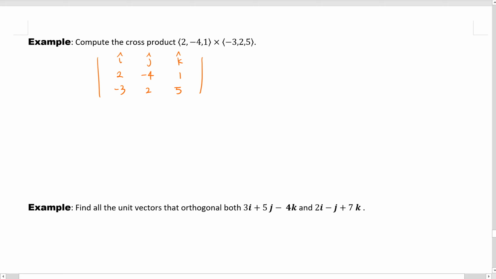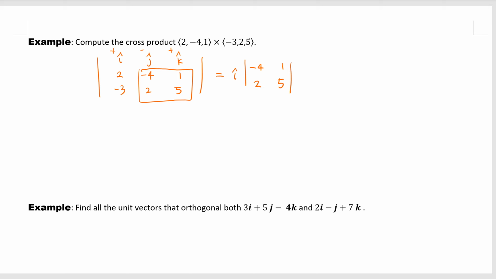So what is that? This is plus, minus, plus. So we have i times the determinant of the submatrix by deleting the first row and the first column: minus 4, 2, 1, and 5.